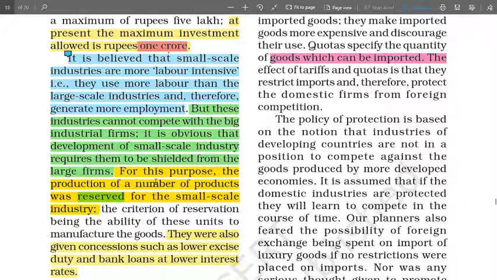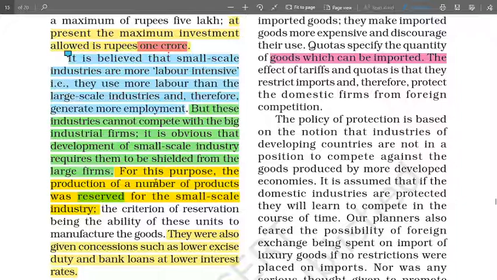Once you give this list of items to be produced by the small scale, large scale cannot produce them anymore. Because if large scale also produces, people in the market would buy from large scale, and small scale would suffer. So once a product is reserved, large scale cannot produce anymore. That is the system of reservation to protect small scale.